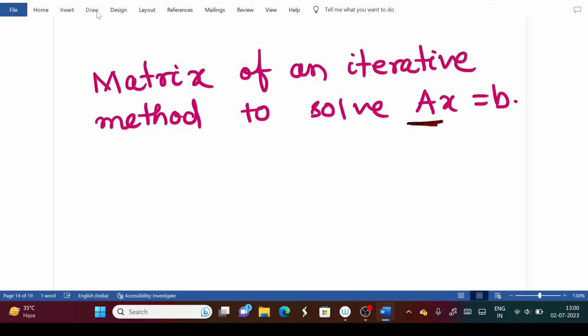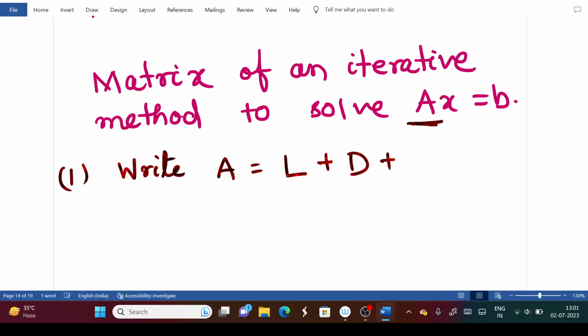So what we will do? Step 1, write A is equal to lower triangular matrix plus diagonal matrix plus upper triangular matrix.